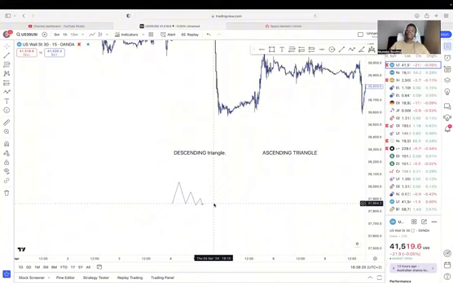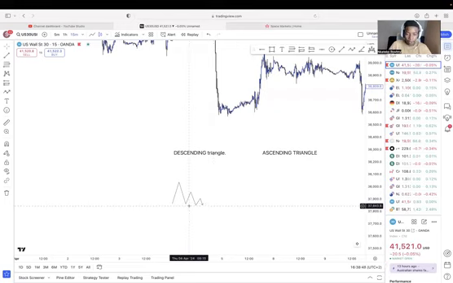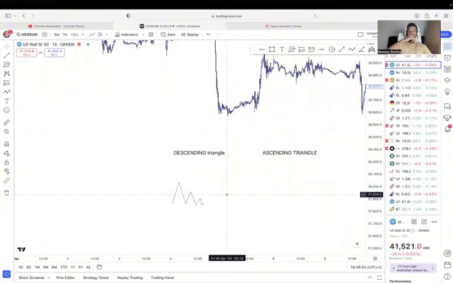If you ask me which one I really like, it's mostly the descending triangle, and it can give you the overall direction, understand. But I'm also going to give you some hints along the way. So okay, let's start with the descending triangle.